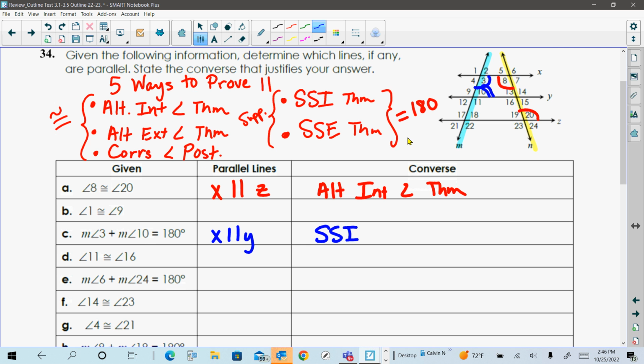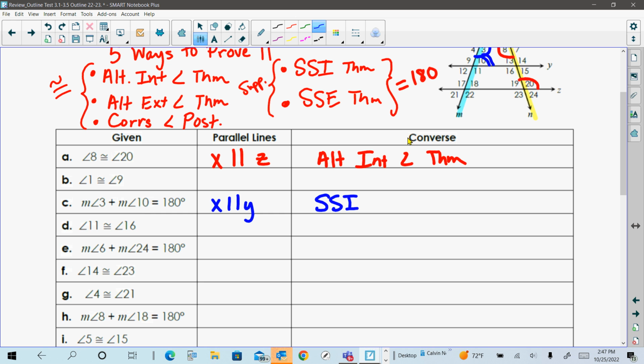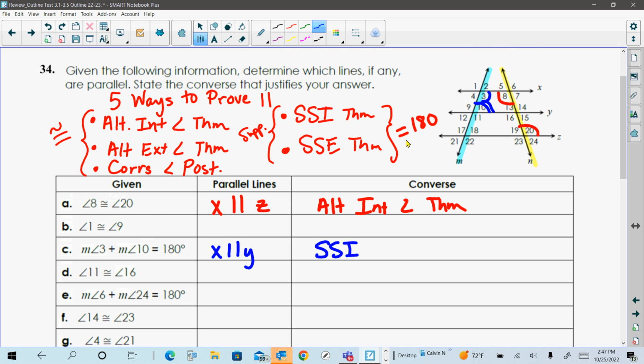Hopefully we can complete something like this, because these are kind of similar to what we did in the notes the other day and on your homework too. There is a possibility for you to have none or does not exist. Like if I'm looking at H where it talks about 8 and 18. If I'm focusing on angle 8 and angle 18, which is over here, they do not have a line in common.